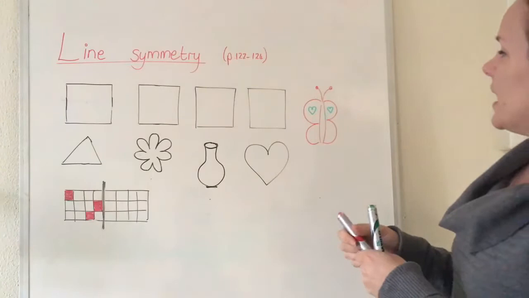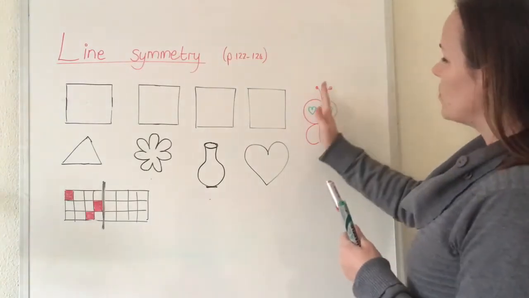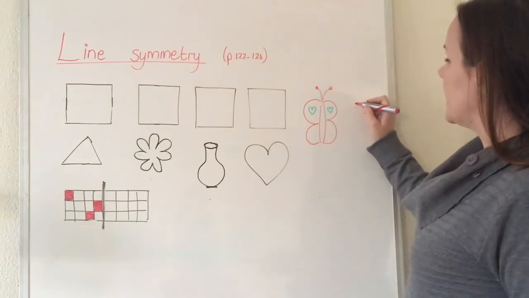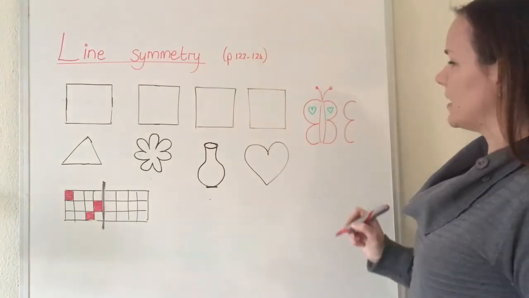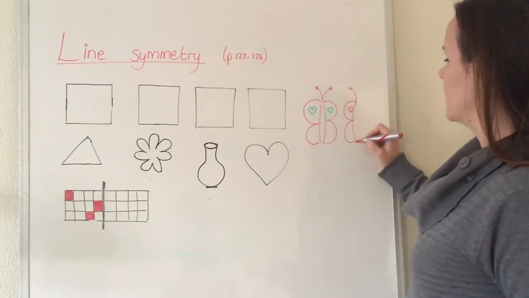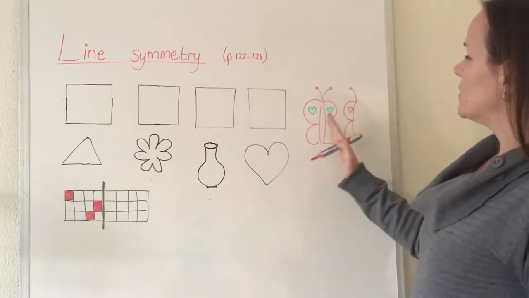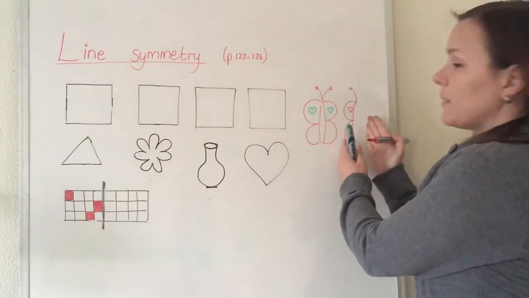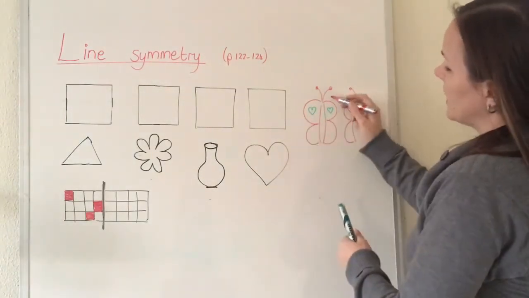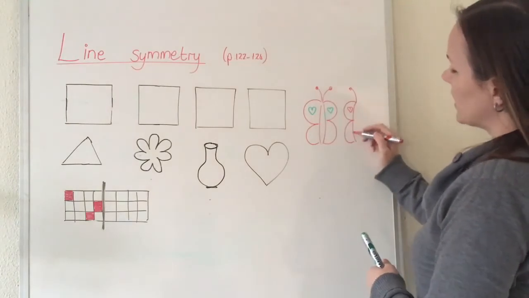Okay, so if I had to draw this half of the butterfly, again, it would look like this. Okay, that's the one half. So that would be a replica of that side. But we are looking at this side now, which is not like that.